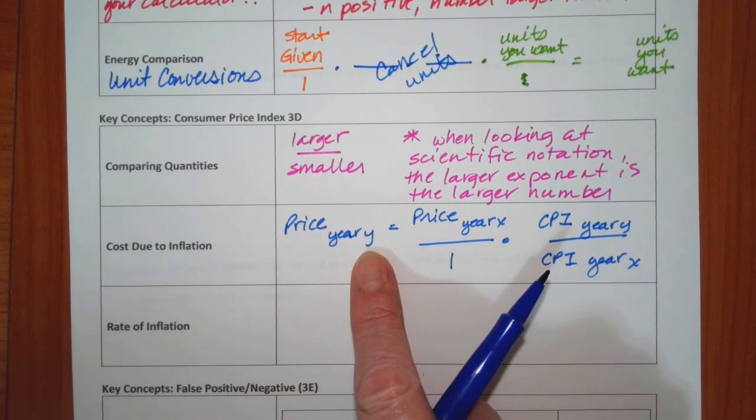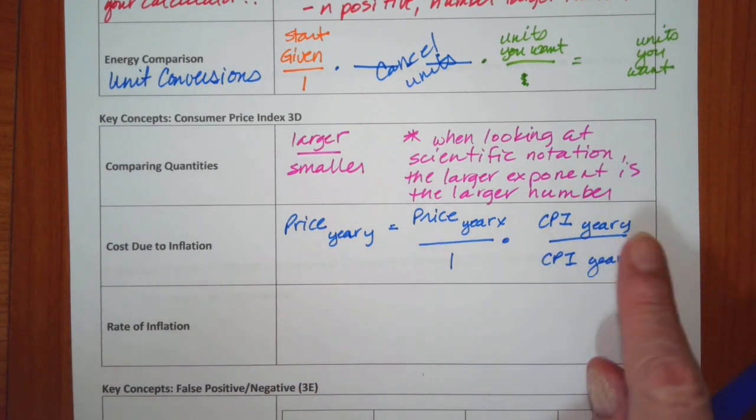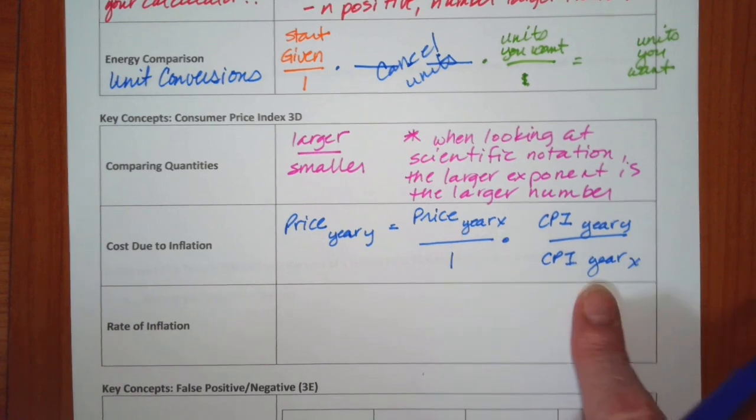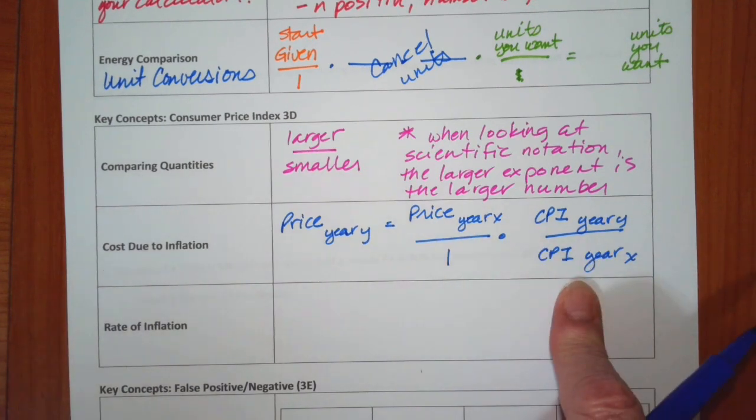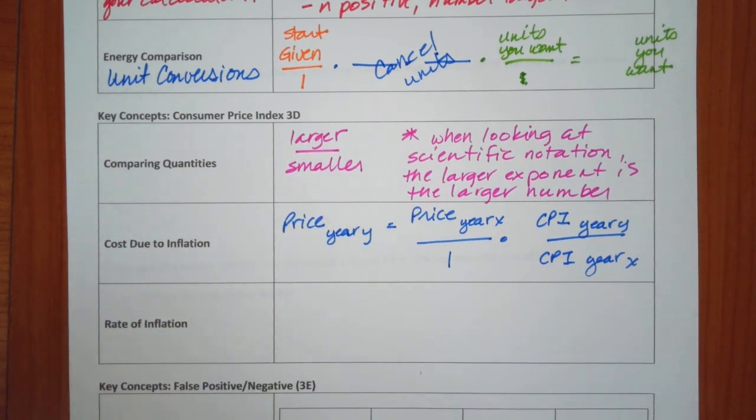You want to end up with year Y. You can cross out year X with the price and the CPI, those are the equivalent. Okay.